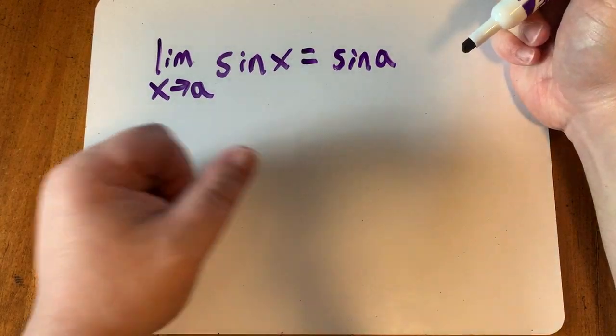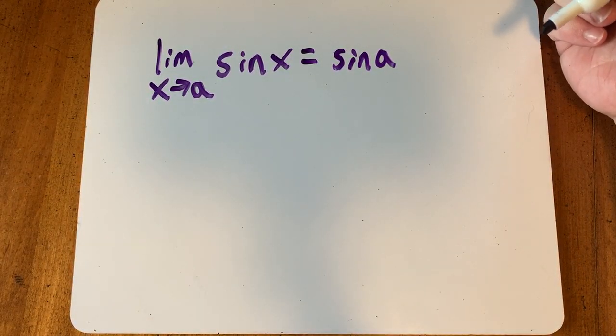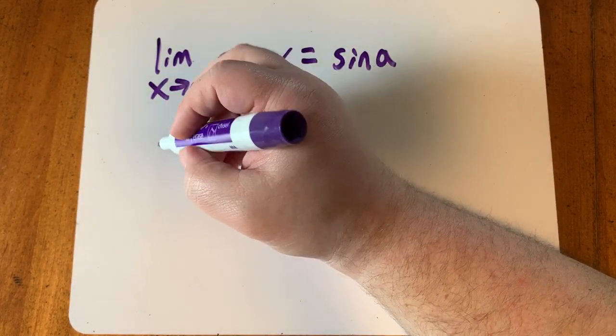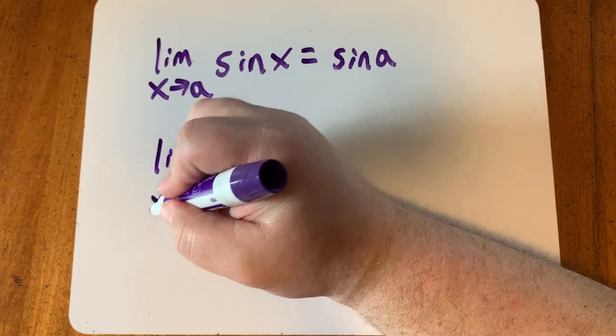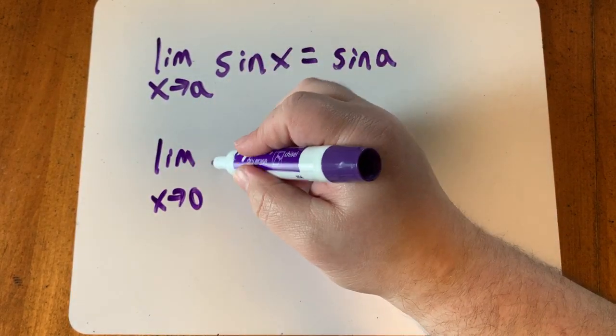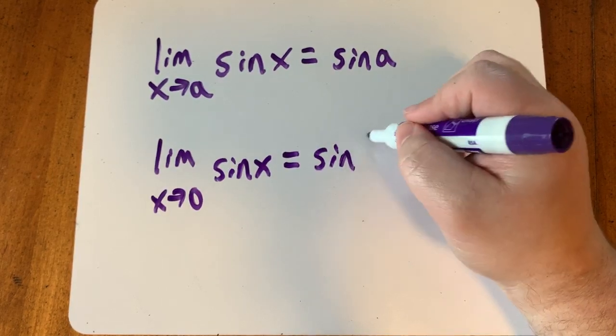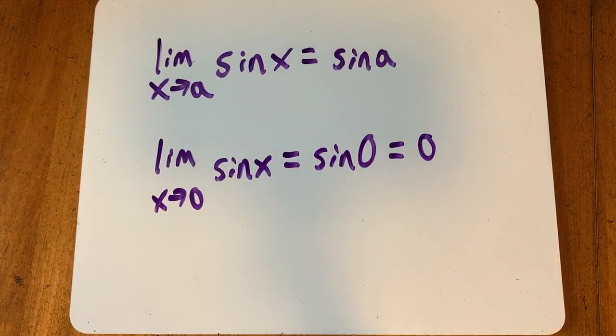And since there are no discontinuities, there are no issues with just plugging in a. So that's cool. And even if you chose a specific value, like say 0, it would just be sine of 0, which we know is 0.